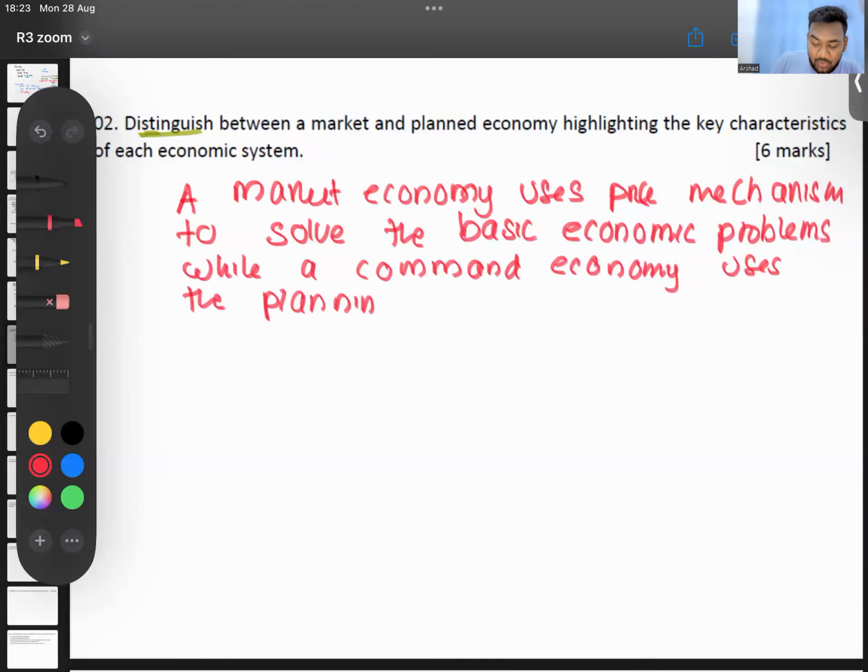Now, this is one proper nice point, guys. This is how you distinguish.